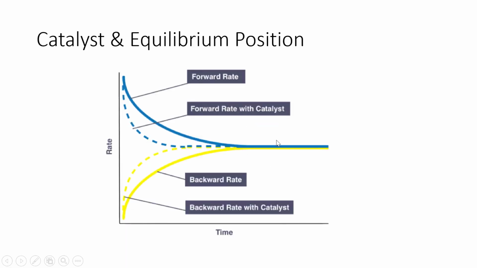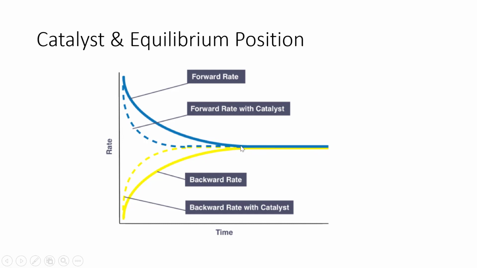Now, let us think about the catalyst. By any means, a catalyst will always, forever and ever increase the rate of the reaction. Is it specific to the rate of the forward or the rate of the backward? Absolutely not. Adding a catalyst will increase both the rate of the forward and the backward reactions, which means that all the catalyst is going to do is help us reach a position of equilibrium faster, but the yield, no effect.